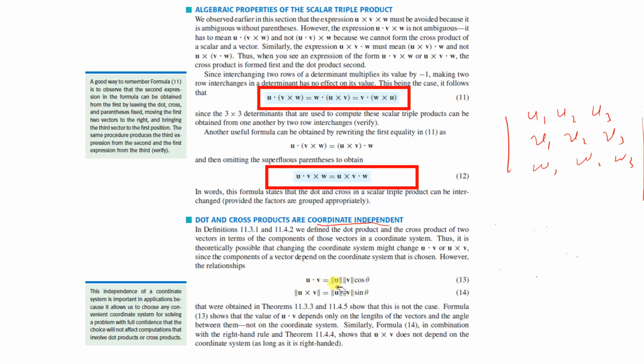So u dot v is magnitude of u times magnitude of v times cosine theta. Similarly, magnitude of u cross v is u magnitude times v magnitude times sine theta. So that is all for this section.